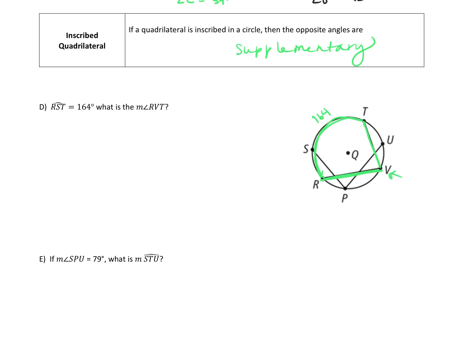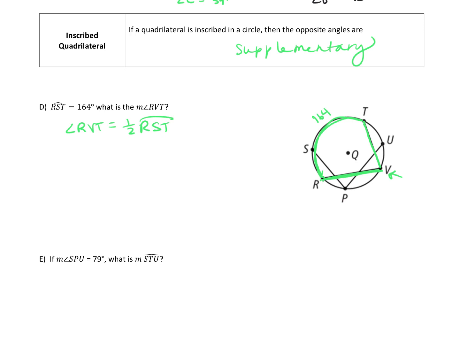So this angle at V, we're going to be able to figure out that angle. Angle RVT is equal to half of the arc RST. So here's an inscribed angle at V. We follow the sides out. This angle is equal to half of its intercepted arc.